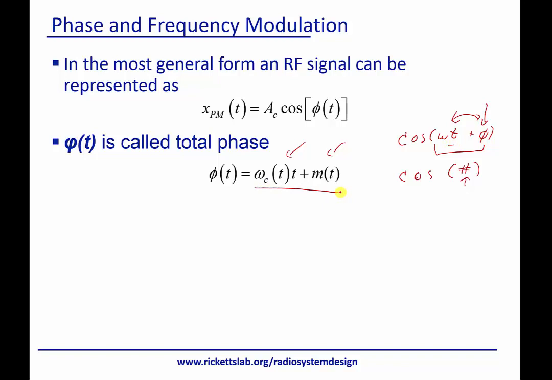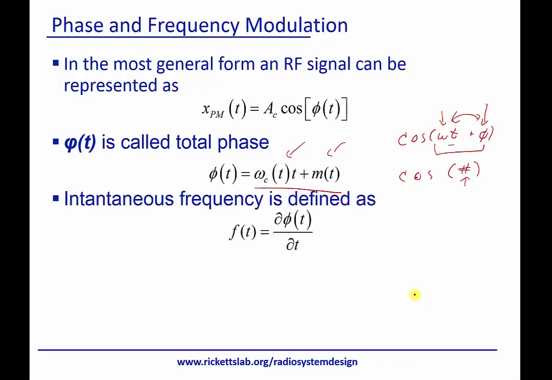And if this is your phase, then what's frequency? I thought this omega was frequency. Well, we generally define the instantaneous frequency as d phi dt. And I'll just do a quick example so you feel comfortable with that. Cosine of 2 pi ft plus pi over 2. If I asked you what the frequency of that was, you'd say, it's f, right?